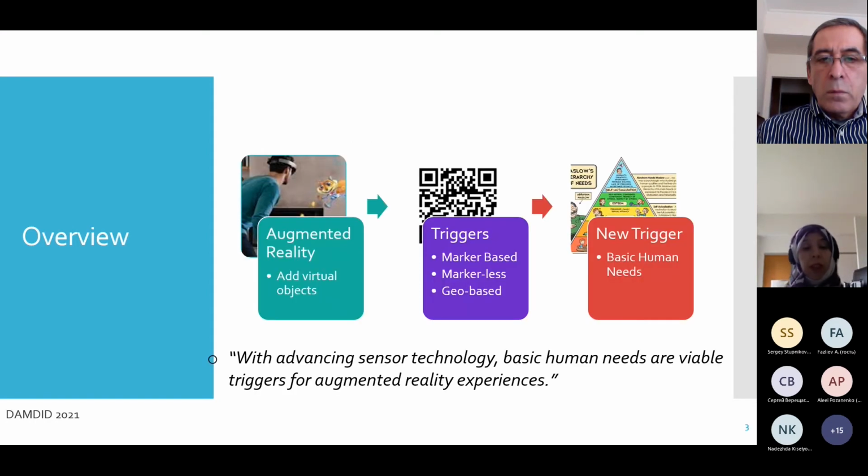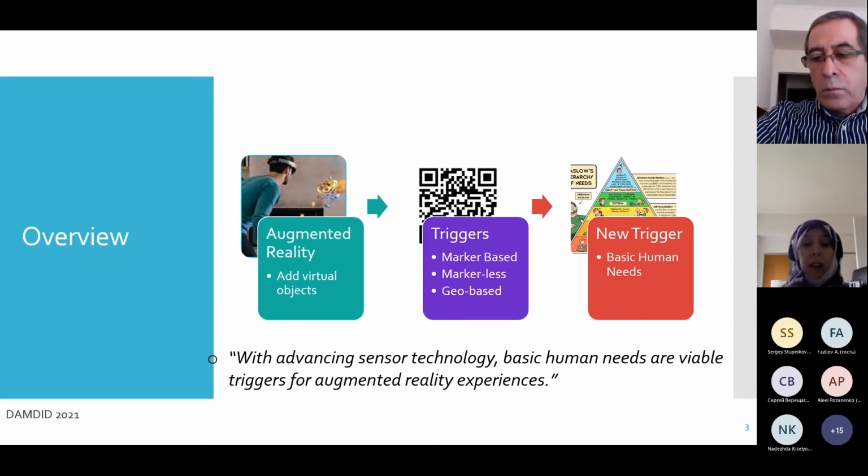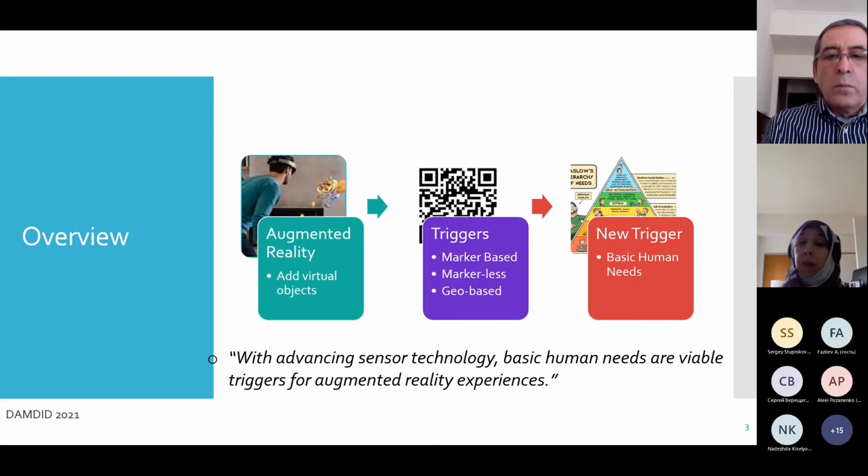First, augmented reality is a technology that enhances the real environment by adding virtual objects. It works in real time and provides interactivity. It also provides correct placement of virtual objects within the environment. AR experiences have different triggers. Some of them are marker-based, some are markerless, and also location or geo-based.